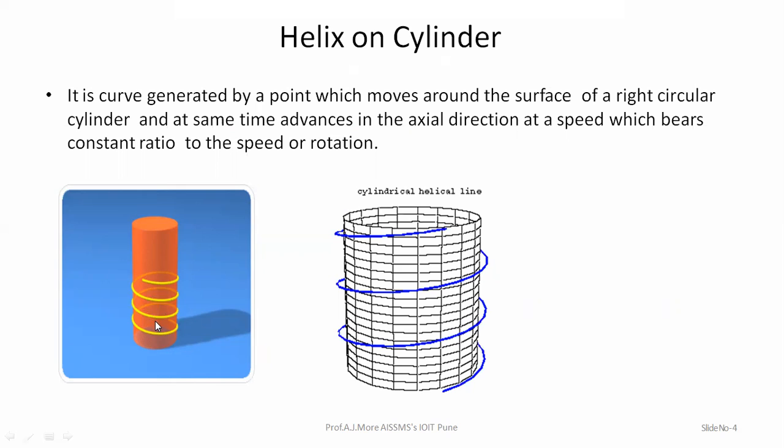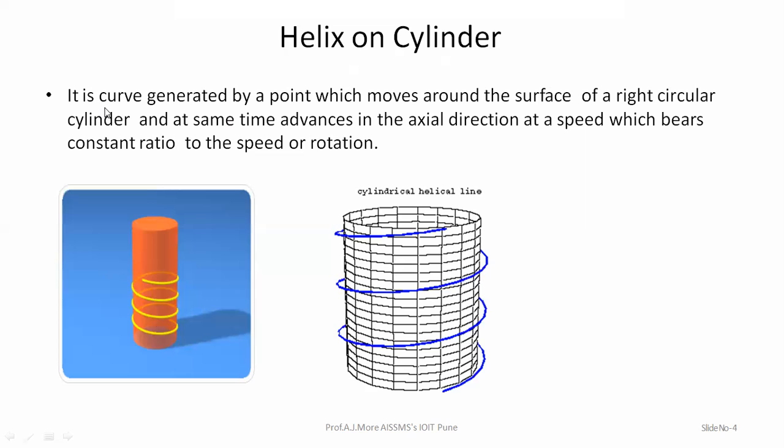So this is indicating the curve which is generated around the cylindrical surface or cylindrical bar moving in axial direction with respect to the axis with the same speed and same ratio.